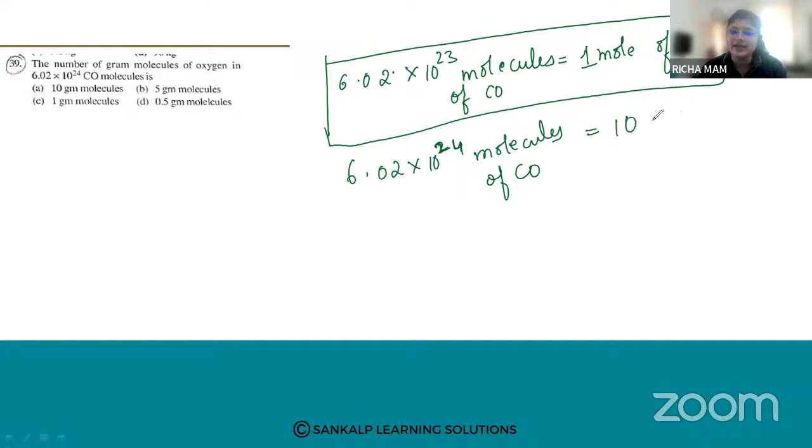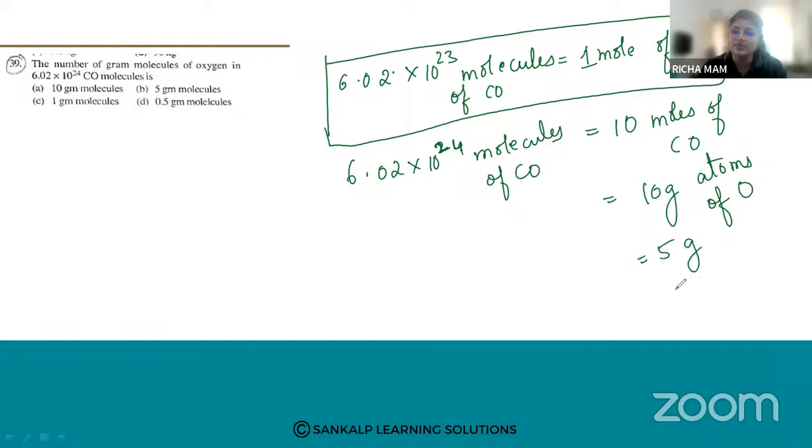Okay, so it is 10 moles of carbon monoxide, which is equal to 10 gram atoms of oxygen, okay, and 5 gram molecules of O2. Okay, so it is option number B. So 6.02 into 10 raised to 23 molecules of carbon monoxide is 1 mole.